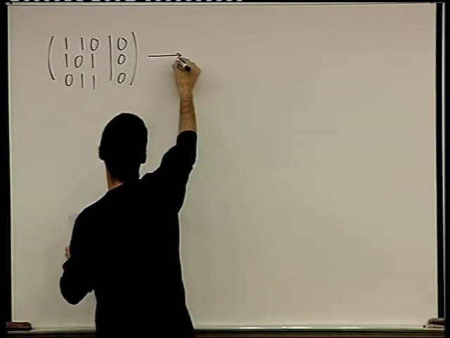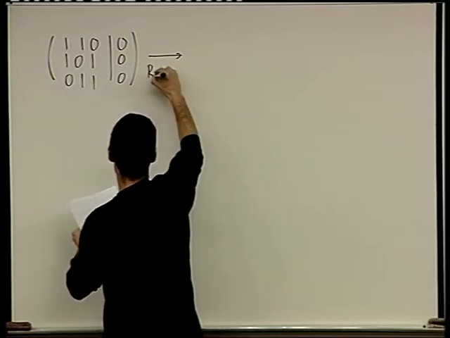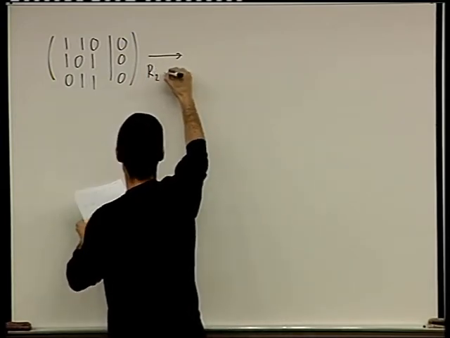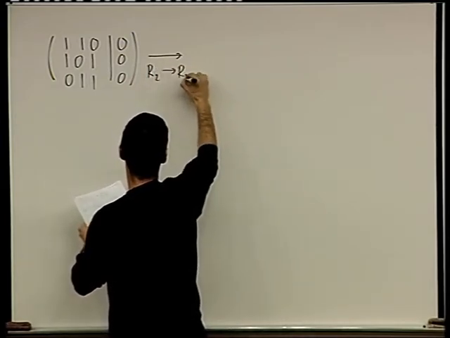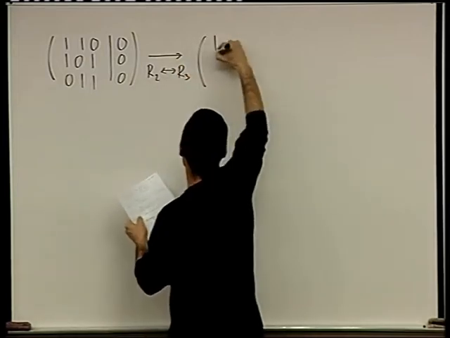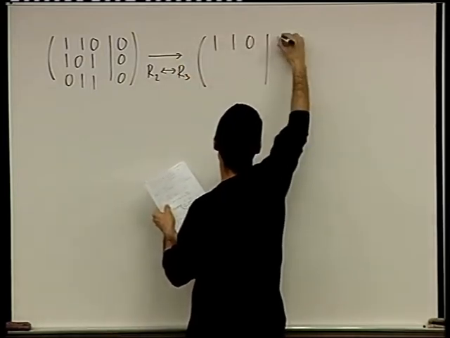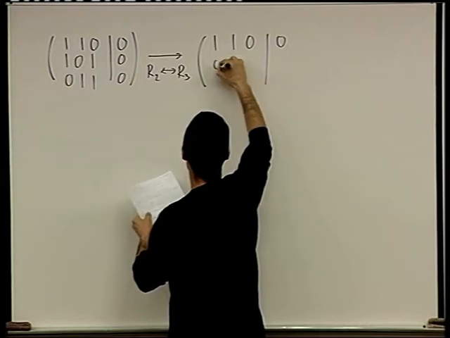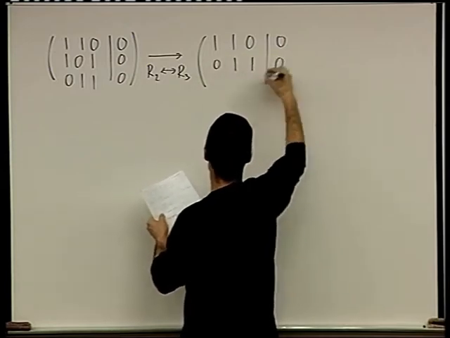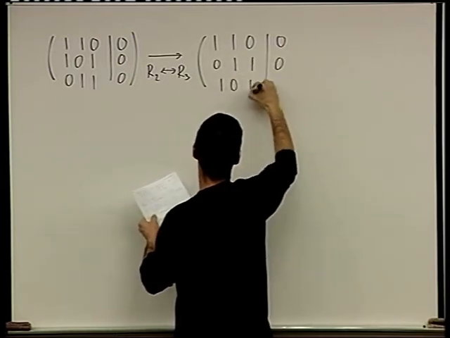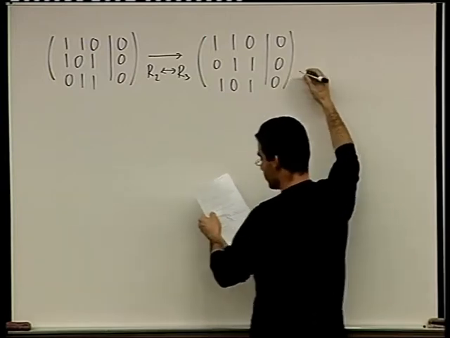So let's see. We can do R2, replace it by R3, and we get 1, 1, 0, 0, 0, 1, 1, 0, and 1, 0, 1, 0.